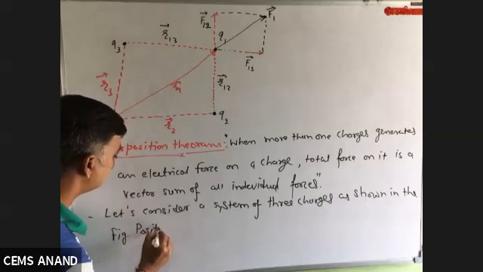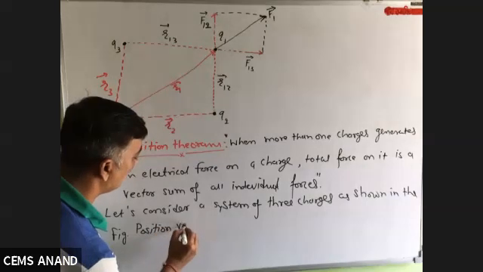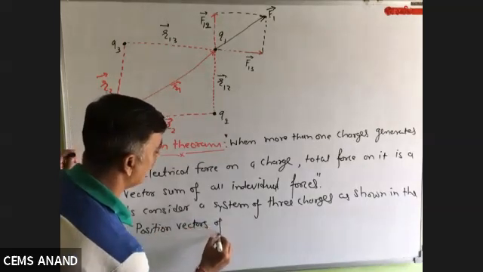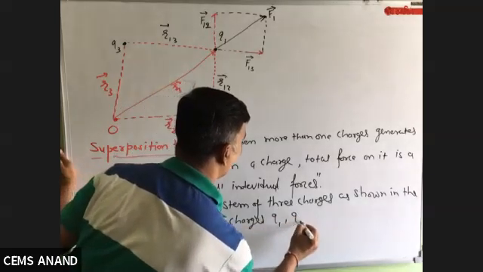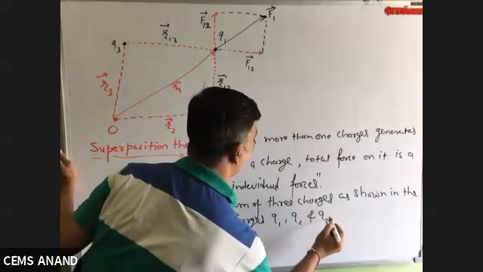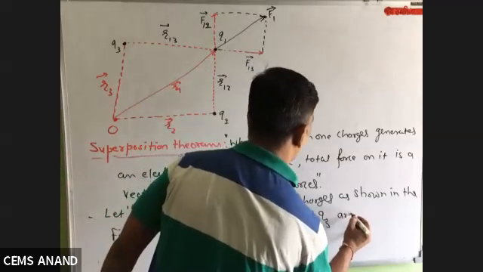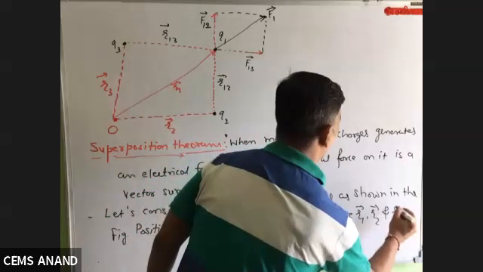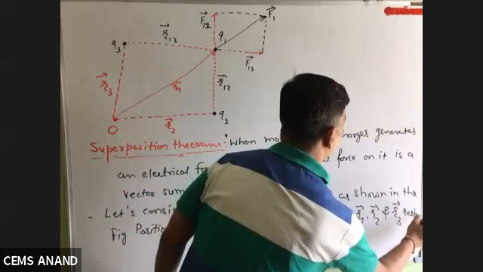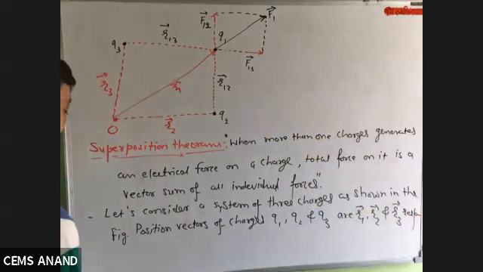Position vectors of charges Q1, Q2, and Q3 are R1, R2, and R3 respectively.